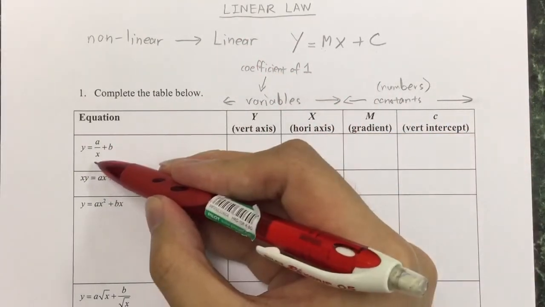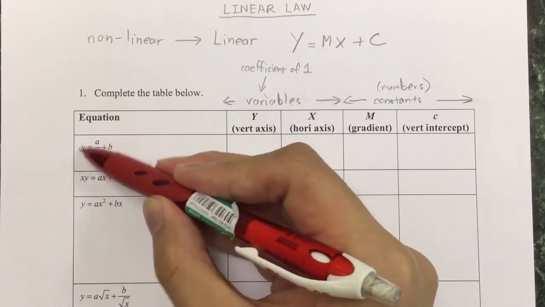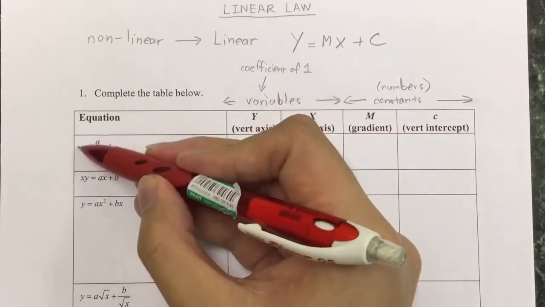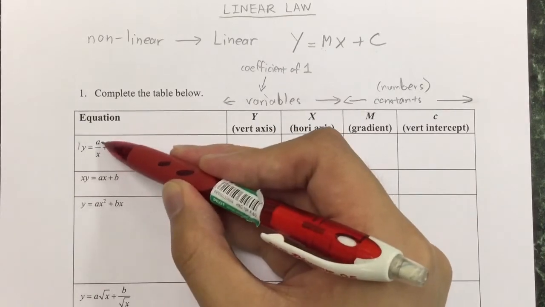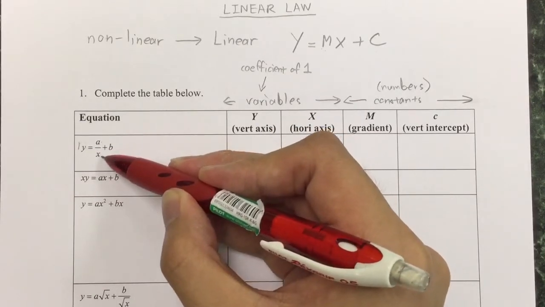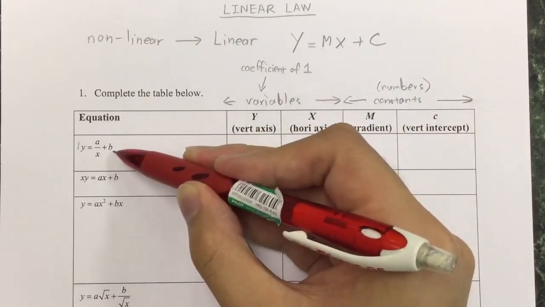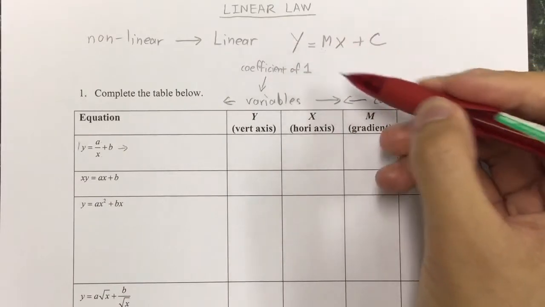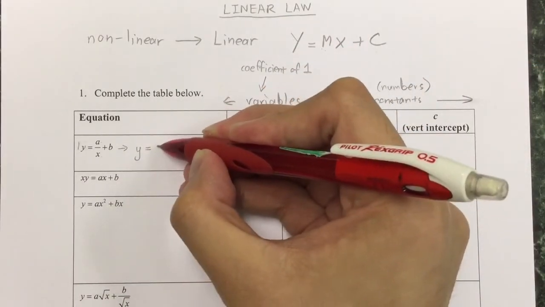So if you look at this, there are a few conditions to be satisfied, right? First of all, this y value, the vertical axis, has a coefficient of 1. As you can see, that's already satisfied. Down here is a combination of a constant and a variable. And finally, this one is a constant, no variable. So it's obvious that it can be written in y equals mx plus c form. If you cannot see it, I'll just rewrite it more clearly like this.